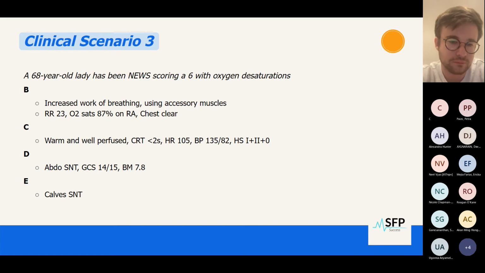So upon assessment, I've gathered that she's got a desaturating oxygen level, which we've intervened by giving her high flow oxygen, and in terms of fluid, we've also given her 250 mils of 0.9% sodium chloride, and that seems to be improving. It seems actually not improving.